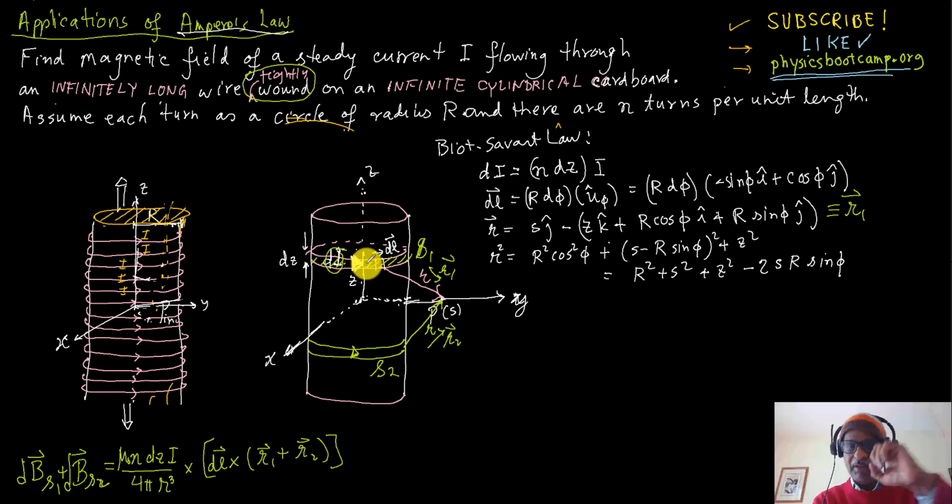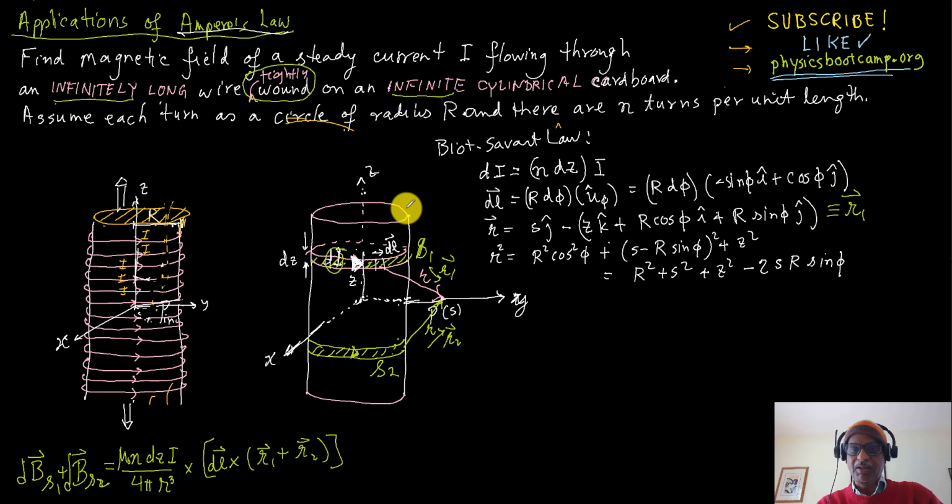That band of current is like a ring of current, and there's a corresponding ring down here in a symmetric place, and that's why we need the infinitely long cylinder. With an infinitely long cylinder there will always be a pair of these two. If it was finite and ended somewhere here, there would still be a pair like this.